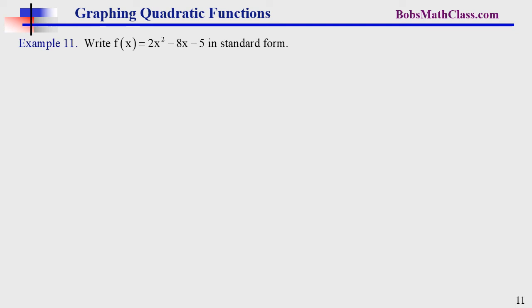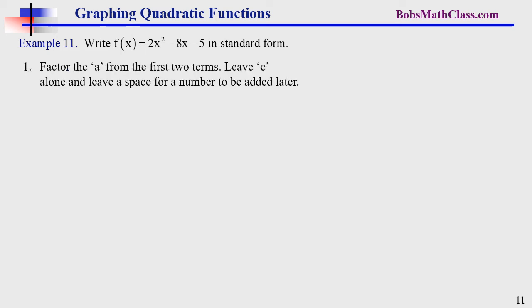All right, let's try this one now. A little bit more complicated this time. We have to factor out the 2 from the first two terms. So in the note it says factor the a from the first two terms. In that case, it's going to be a 2.